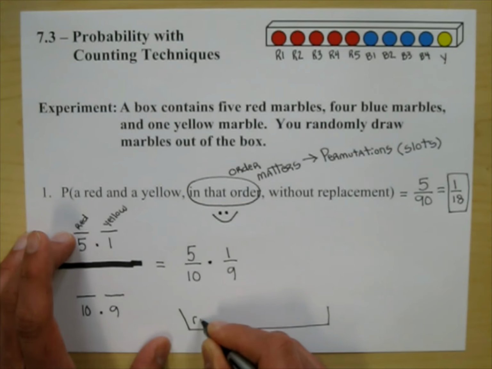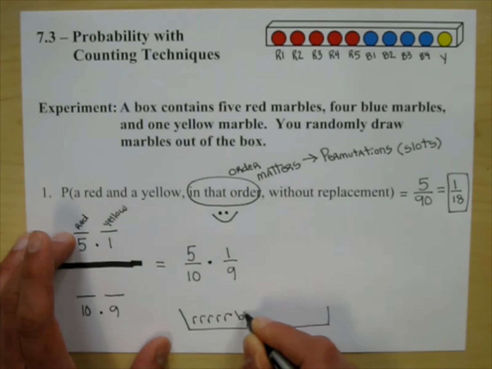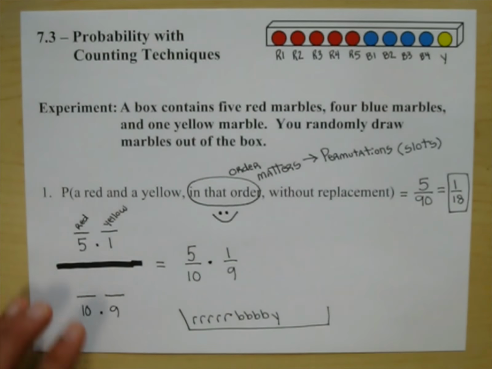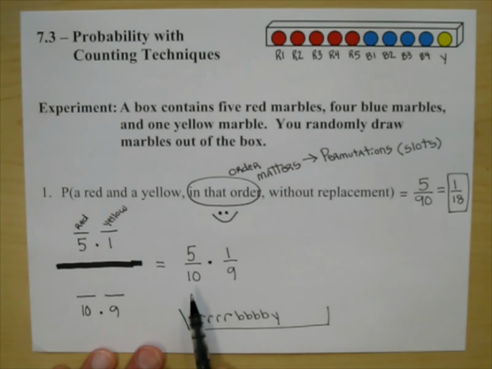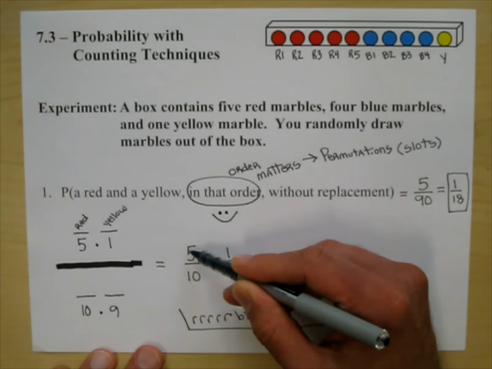So I have red, red, red, red, red, blue, blue, blue, blue, and then a yellow. So I can start by saying, well, what is the probability I pull a red out of this box? 5/10, and that's where I'm getting this fraction.